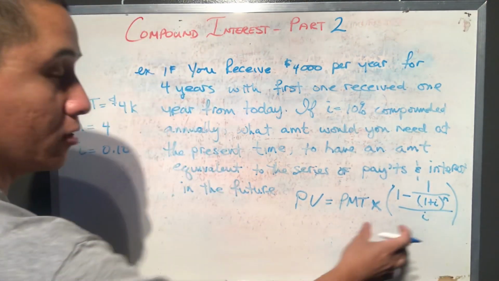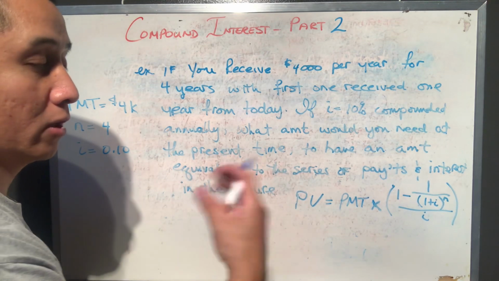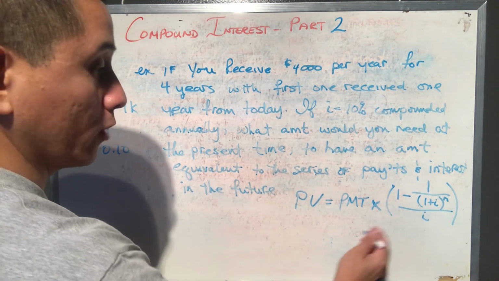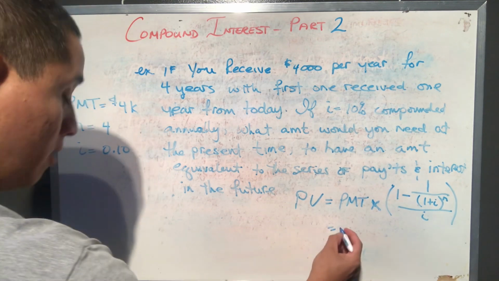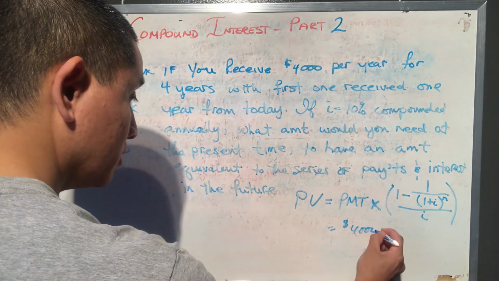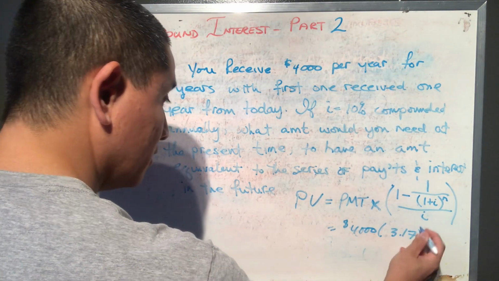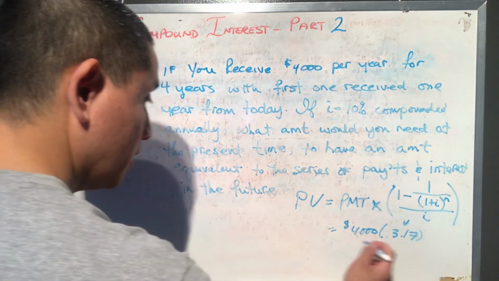Again, this is a factor. There's usually a table for compounding periods and interest that one can look up for quick reference. But if you were to compute all that, it would be $4,000 multiplied by the factor. In this case, it would be 3.17 if you calculate all that out.